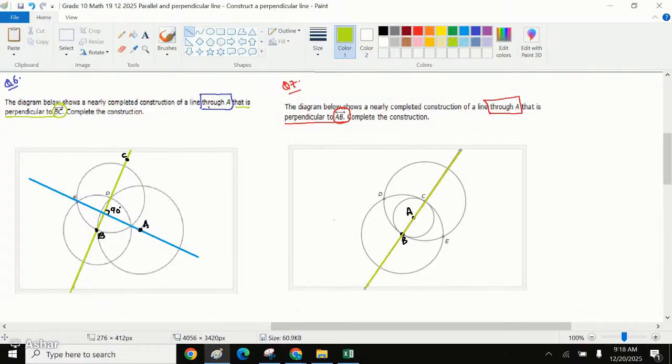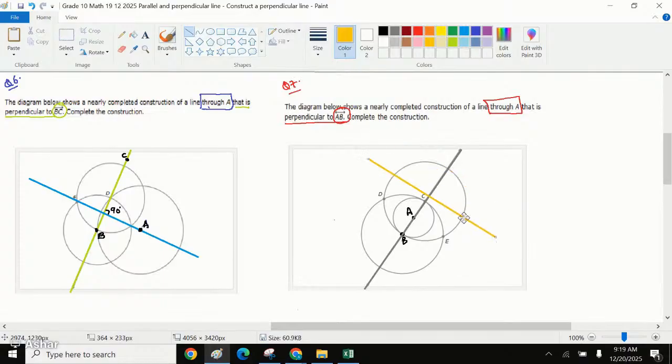So if we need to find another line that is perpendicular to this line, can we say that we draw another line over here? Can this be the perpendicular? If this is cutting the line AB at right angles, this is still a perpendicular, but it is not meeting the requirement, because the first line of the question says the diagram below shows a nearly completed construction of a line through the point.